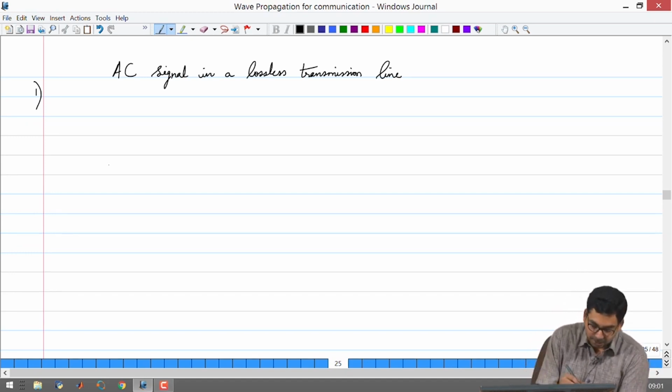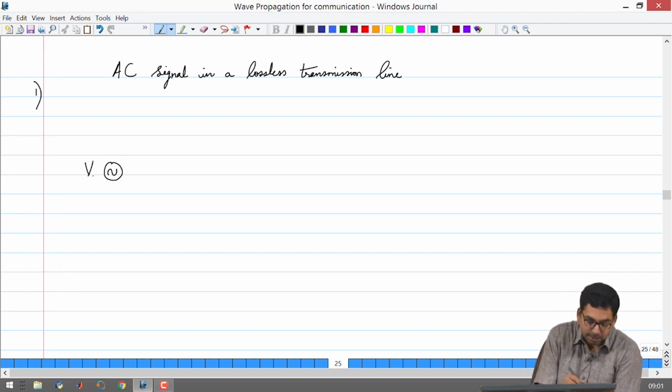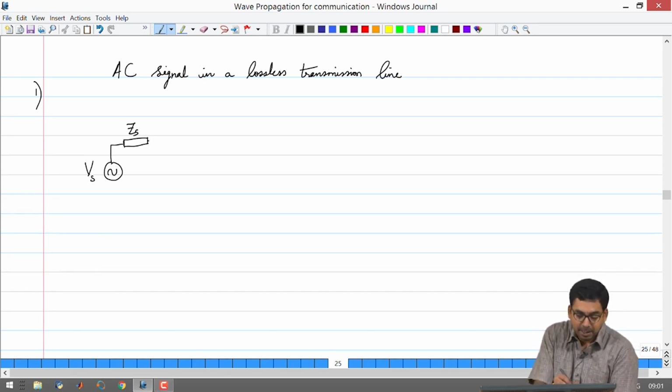So, let us take the configuration of the transmission line where I have an alternating source. I am going to mark this as Vs. It has a series impedance Zs, and it is connected to a transmission line.